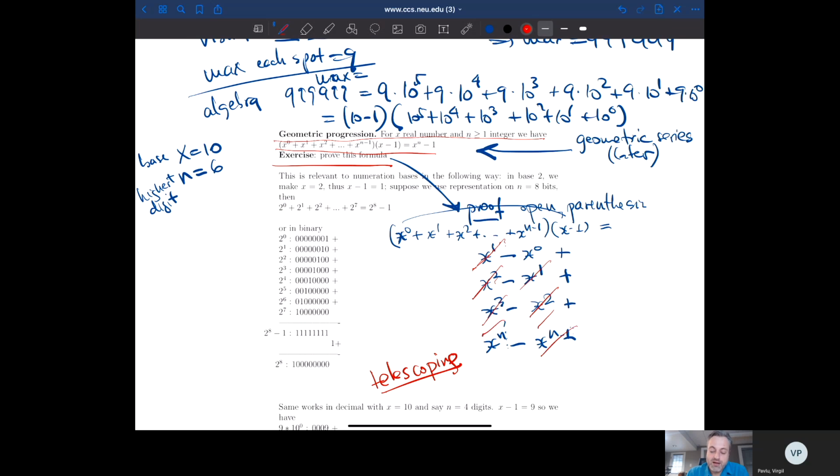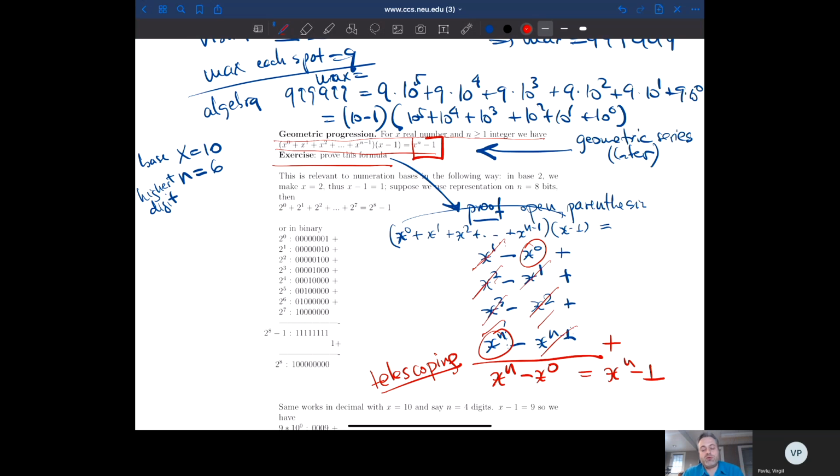So if you look at what's remaining, when you add everything up, you get only x at n minus x at 0, because the only guys that did not telescope are those two. They don't cancel each other. So of course, this is x at n minus 1, which is the answer we are looking for.